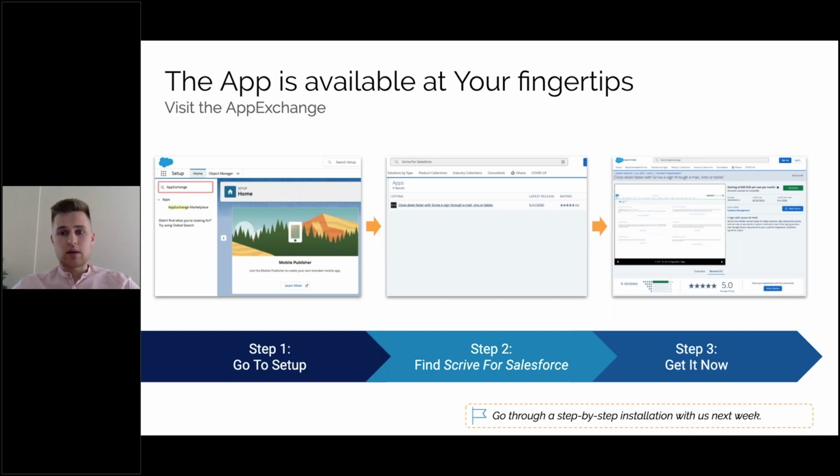I would like you to not worry about that, because during the next session, I will go through the installation process step by step, explaining every part of the process. So you will be sure that you know how to do this on your own Salesforce platform.